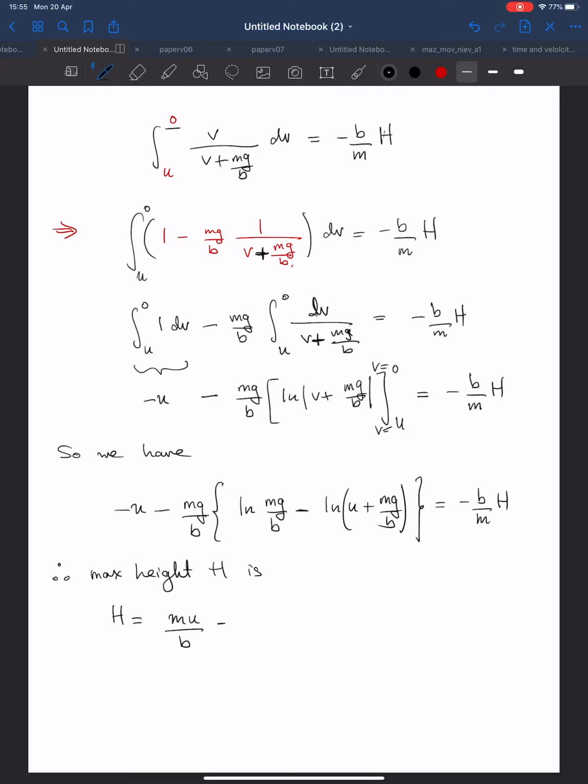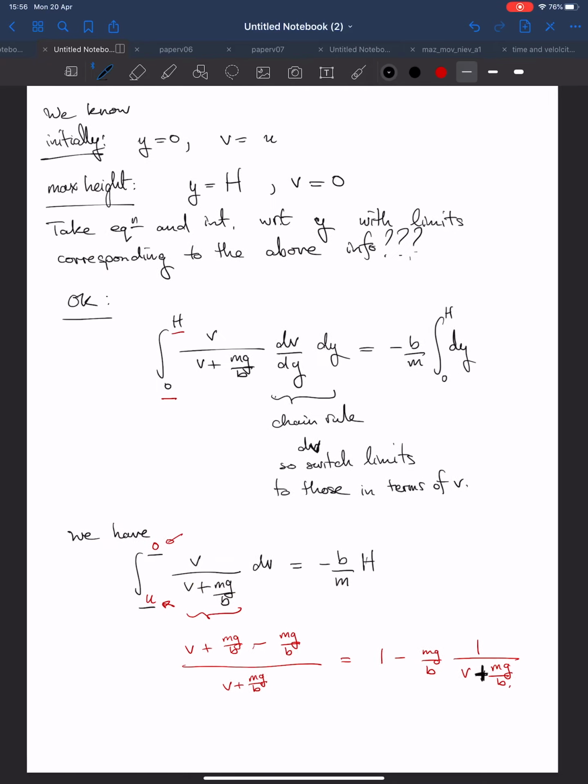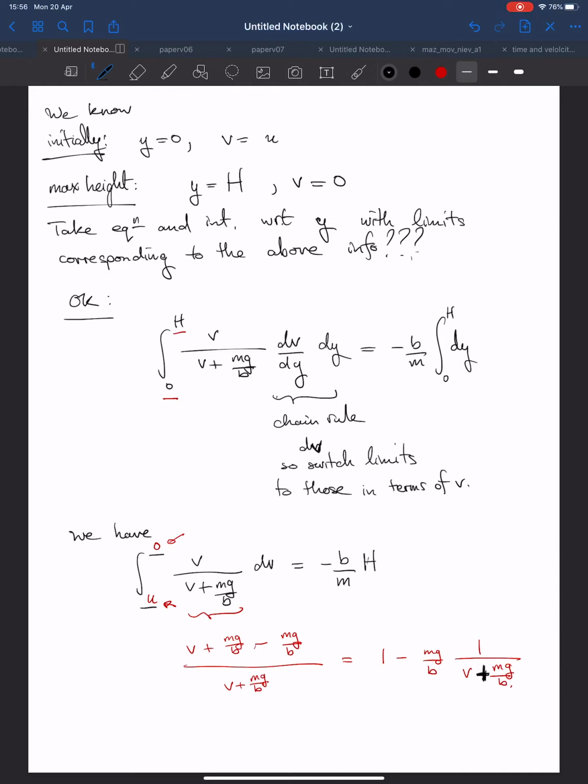Okay, so now this becomes plus m squared g over b squared logarithm of this. And well, that should be it, really. So let me just double check. This seems to be okay.